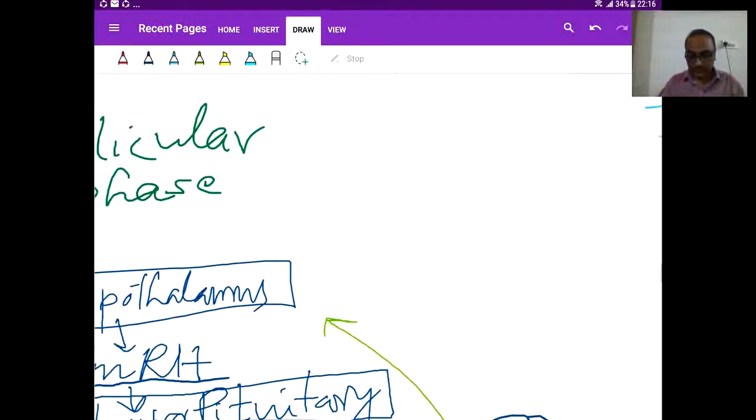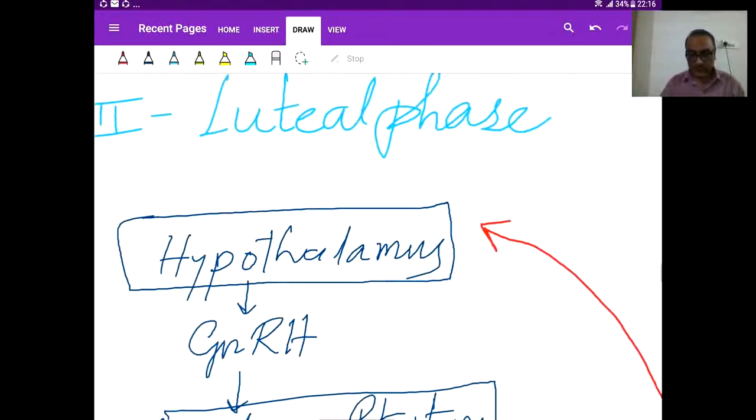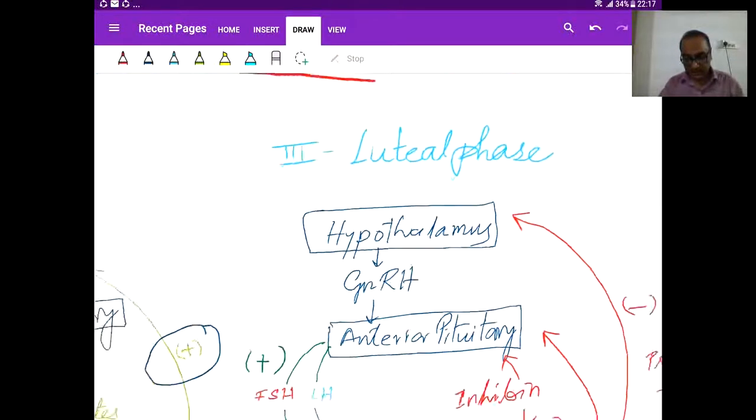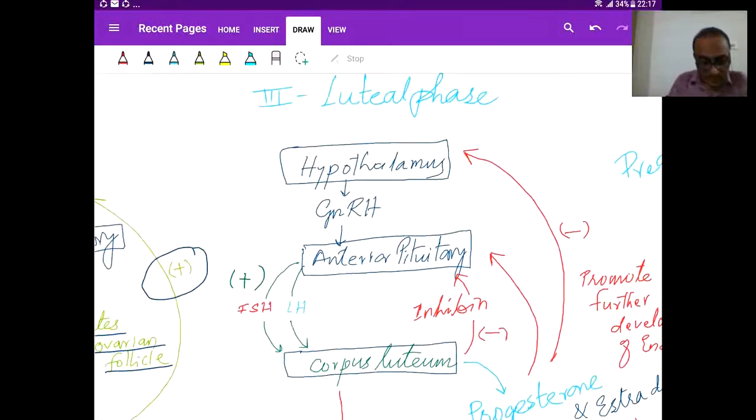Now finally, let's take up what happens during the luteal phase. Again the same thing, the hypothalamus produces GnRH that stimulates the anterior pituitary, which will produce LH and FSH, positively bringing about their action on the corpus luteum.